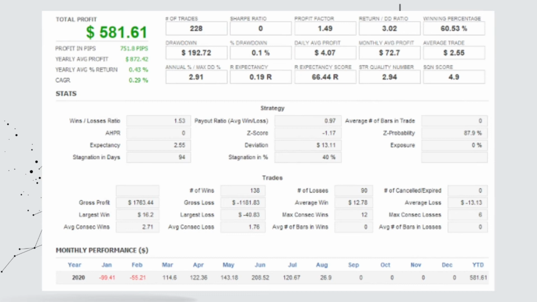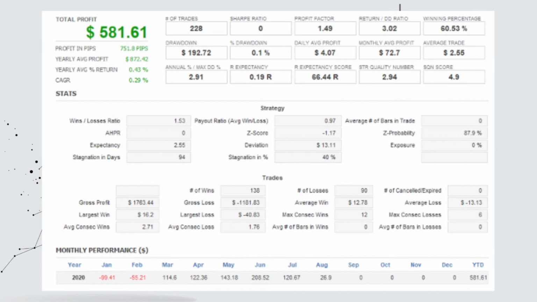Now the optimization was run from January to August this year, 2020, and as you can see, the first 2 months it didn't start off well. We lost almost $100 in January, then lost another $50 in February, but then all the other remaining months were winners.